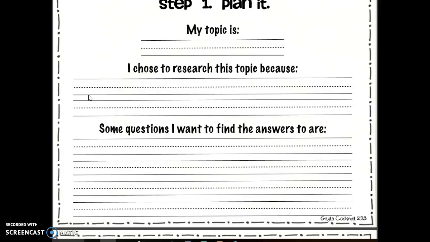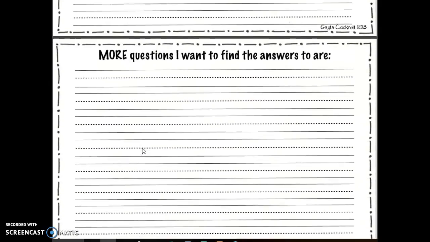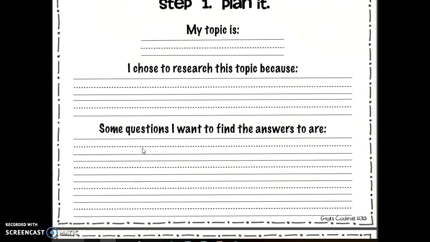Now, the next line is where it gets a little bit different. Some questions I want to find the answers to are, you have this page and another place to write all of these questions on. I would love for you to have about 10 good questions that you are wondering about when your topic is concerned. For example, I wonder why Georgia barks so much.